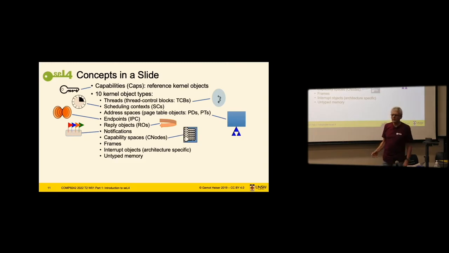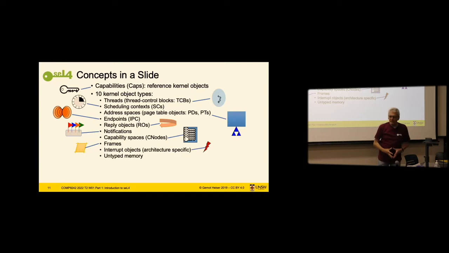Capability spaces are the representation of protection domains, so they define the access rights of a process. And the access rights in seL4 are a collection of capabilities, so they're basically data structures that hold capabilities. And then there are frames. They represent physical memory, so frames are things you can map into address spaces.